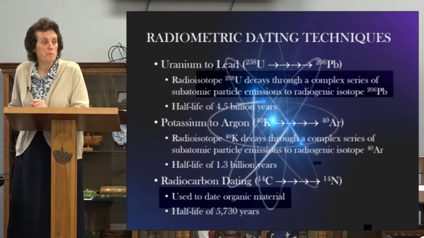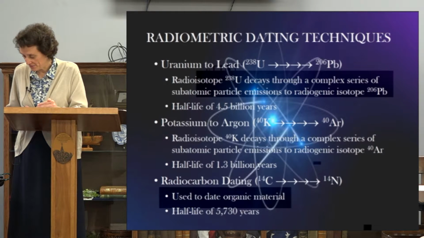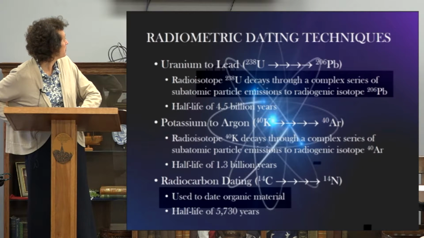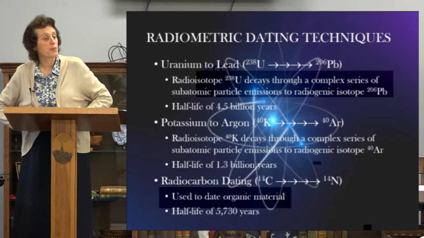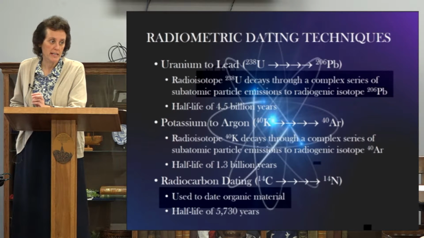So our 2 main radiometric dating techniques are the first 2, uranium-lead and potassium-argon. Those are used to date igneous rocks, and they have very large half-lives. You can see 4.5 for the uranium-lead and 1.3, and those are billion years half-lives for those 2 techniques, probably the 2 most common of the more than 40.